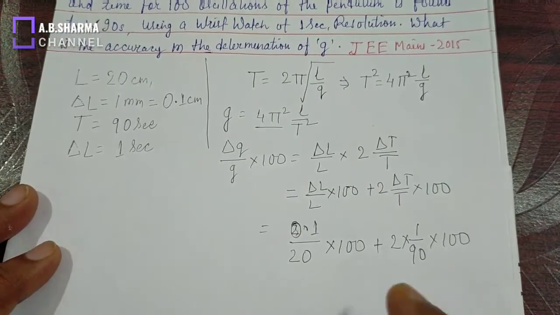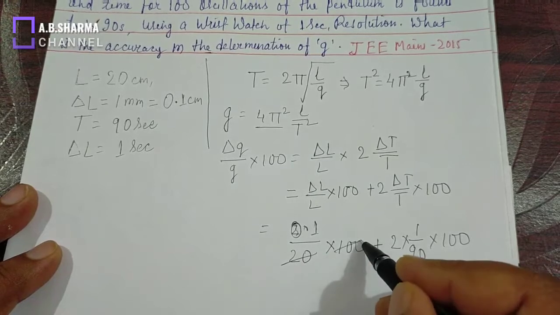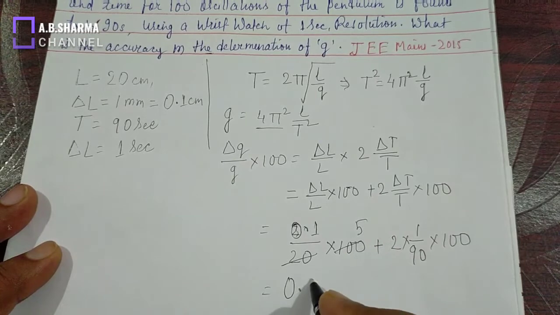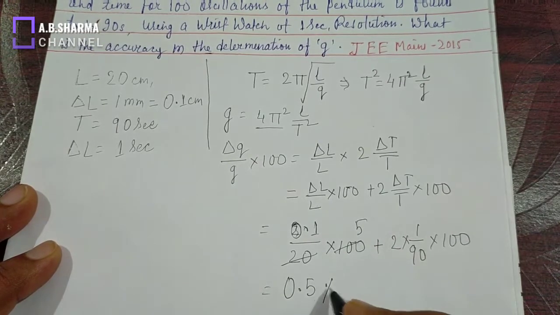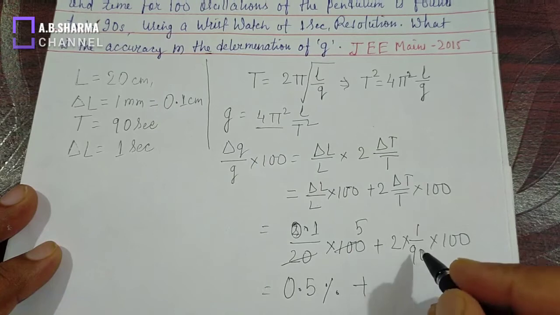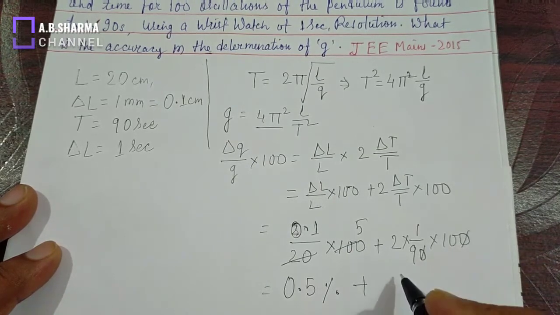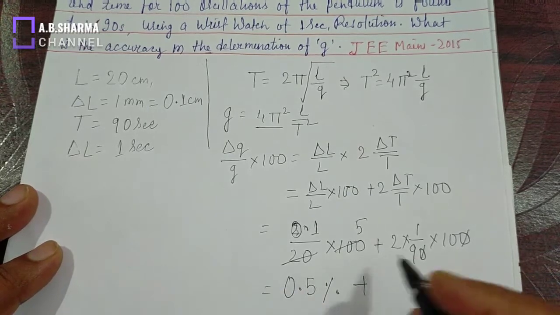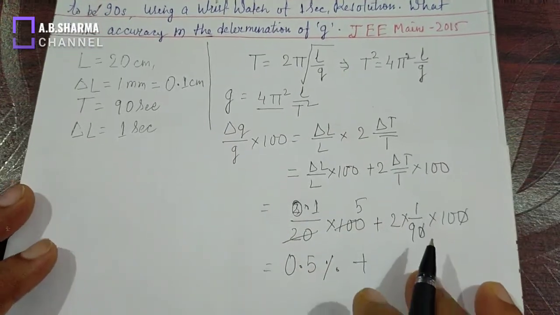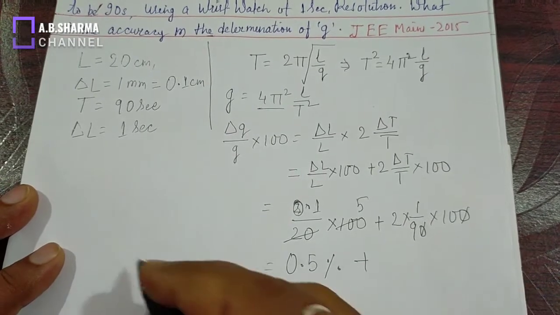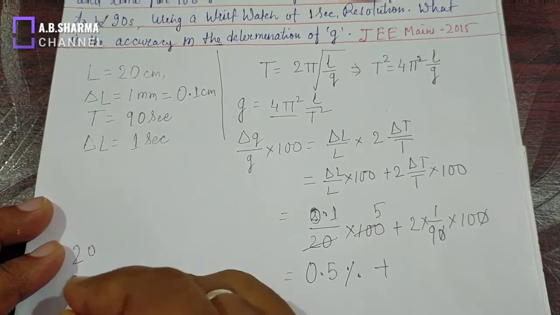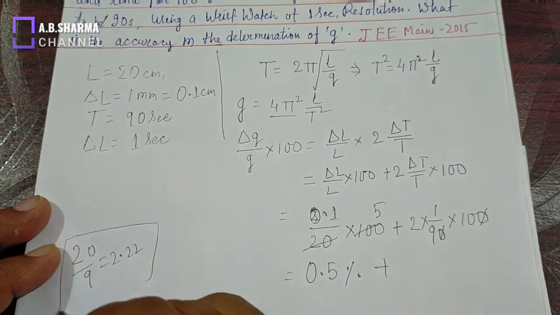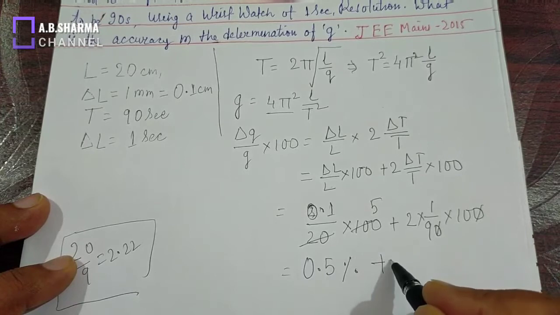Now calculating this is 5, so 5 into 0.1, that is 0.5%, plus 200 upon 90, that is 20 upon 9. 20 upon 9 is how much? This is 2.22%.